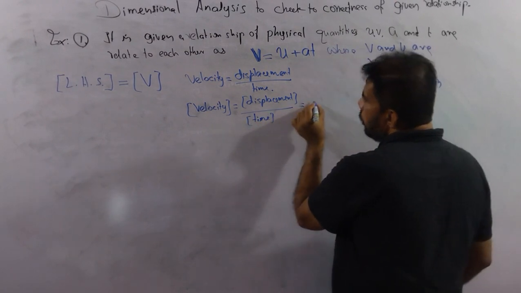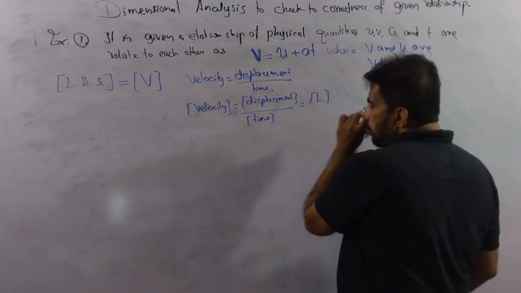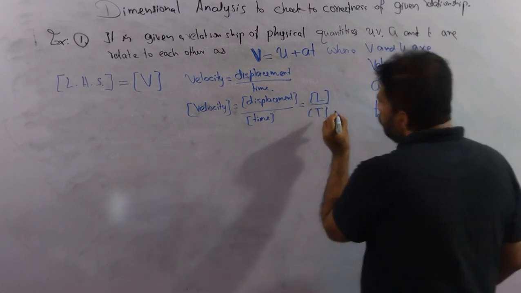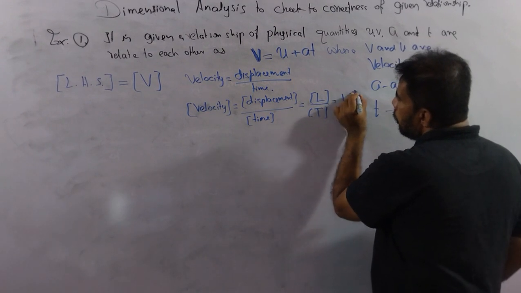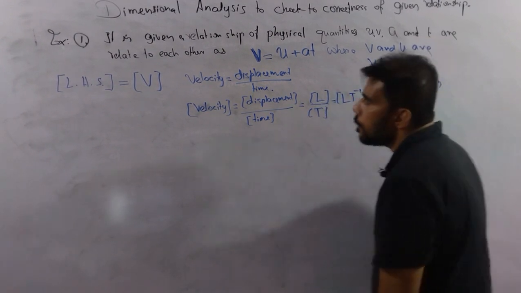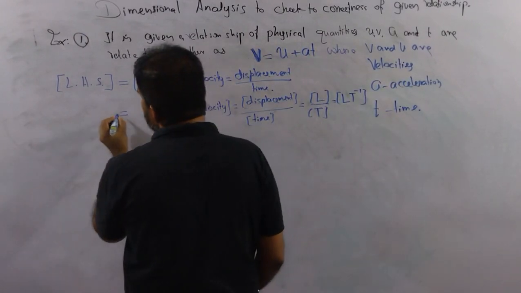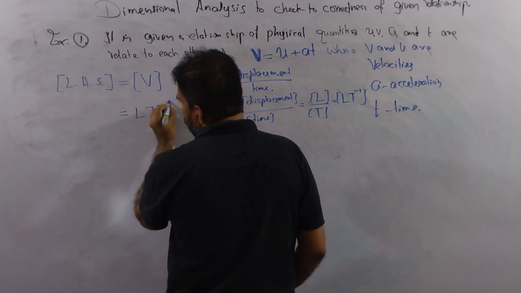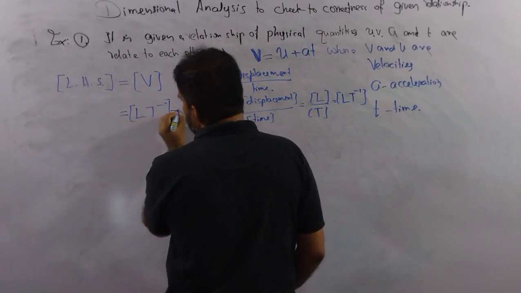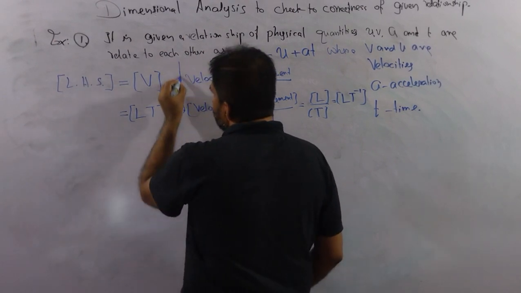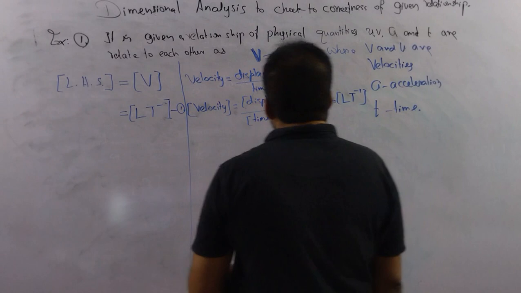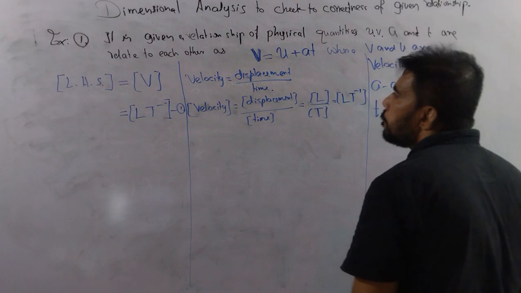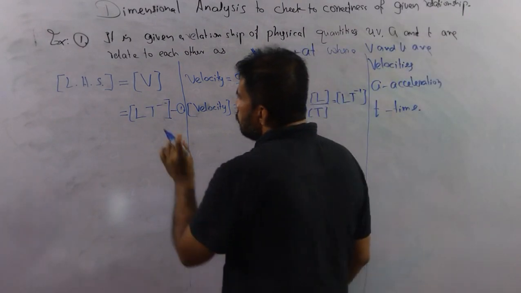The dimension of displacement is length, L, and the dimension of time is T, so it is L T minus 1. Then the dimension of the left hand side is L T minus 1. This is my first equation.